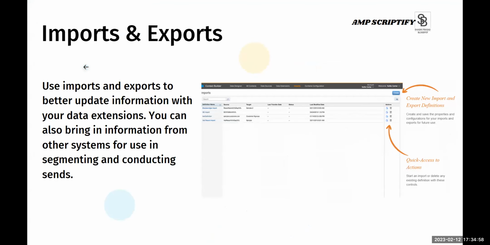From Contact Builder, we can define imports especially. And this special case arises for me when we are using SMS subscriptions or WhatsApp subscriptions. Say you have a sendable data extension and you're performing the communication.